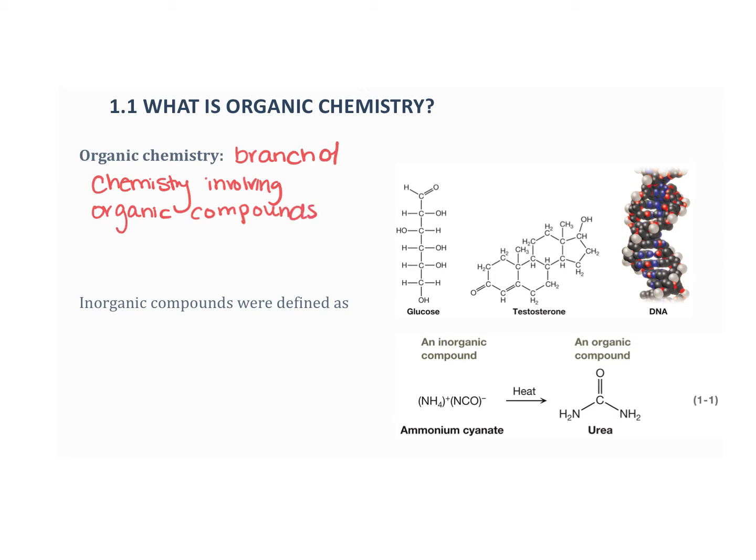Now, in the late 1700s, organic compounds were defined as compounds obtained from living organisms, like glucose or testosterone or deoxyribonucleic acid, which are all shown here in this image. So this was in the 1700s: organic compounds came from living systems.